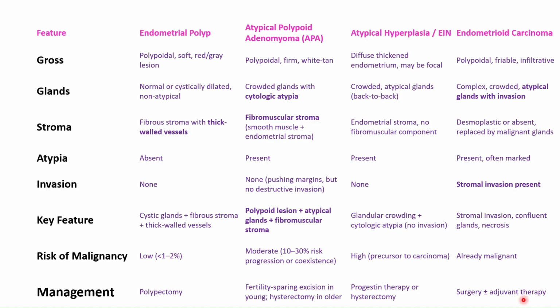As we have seen, both lesions may look similar grossly, but microscopic architecture tells the real story. Recognizing the fibromuscular stroma and atypia is crucial for accurate diagnosis and preventing misinterpretation.